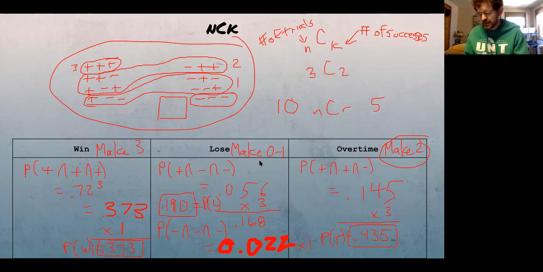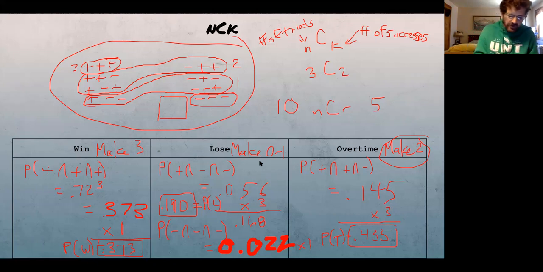And then you'll see nCr, which is your third choice. So if there are 10 trials and you want to find the number of paths to get 5 successes out of 10 trials, there's 252 paths to get there.